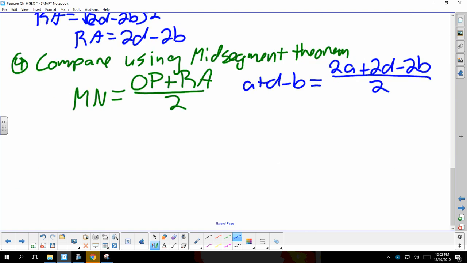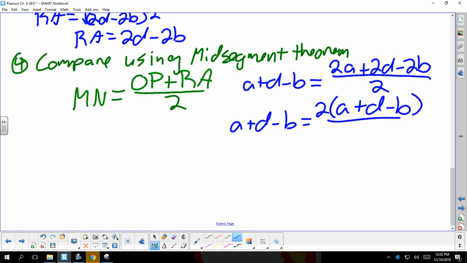So on the top here, what can I factor out of each of those? Take out a 2. And then I can cancel through multiplication. And I get a plus d minus b equals a plus d minus b. Is that a true statement?